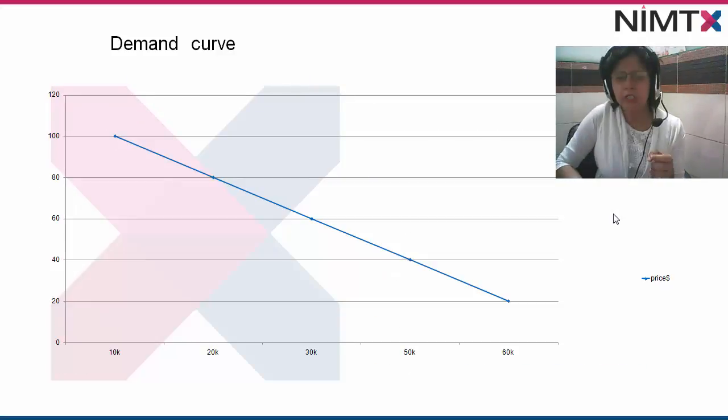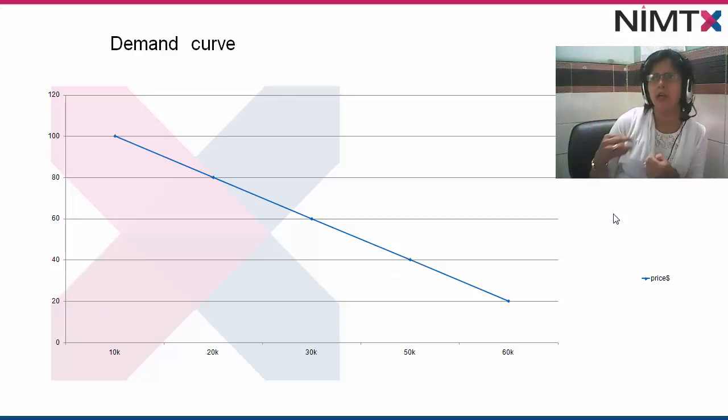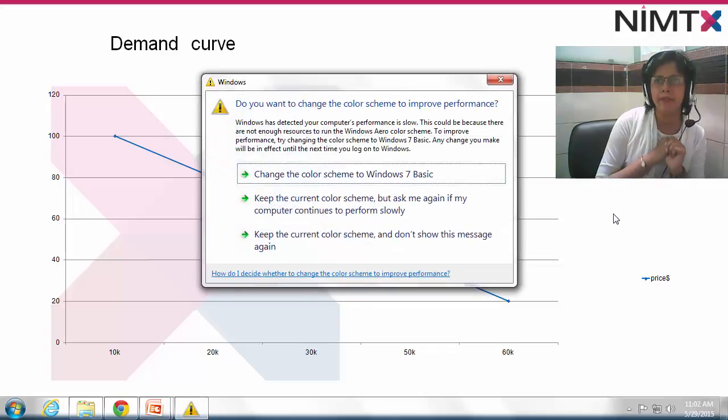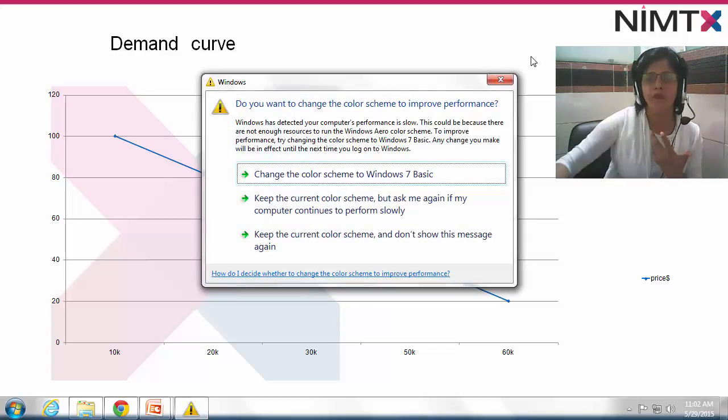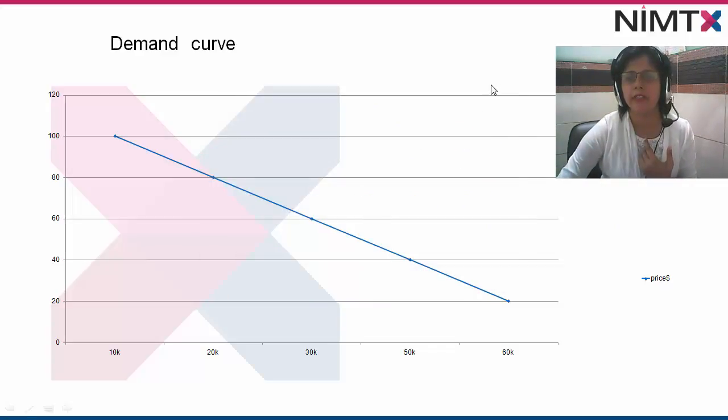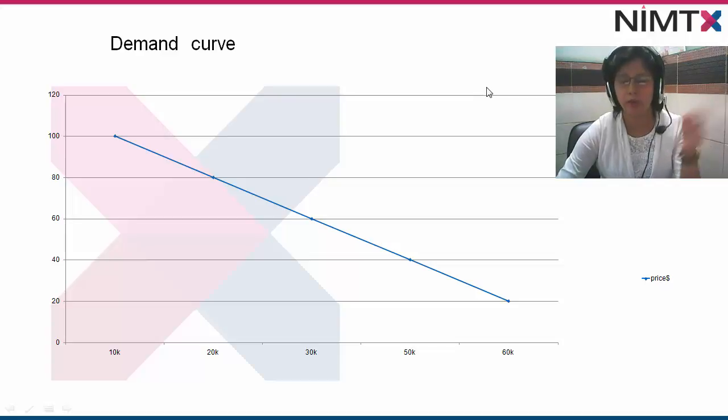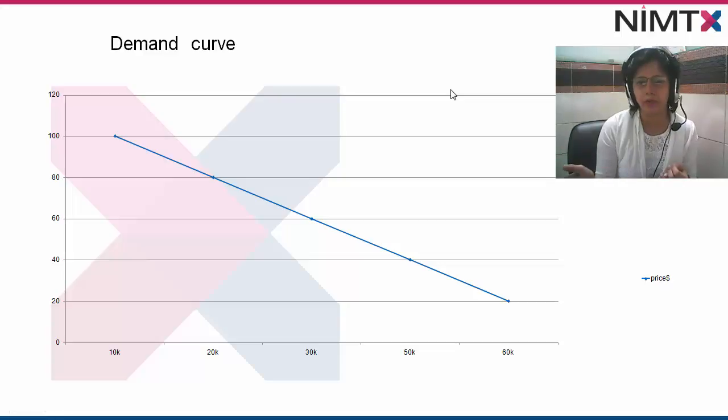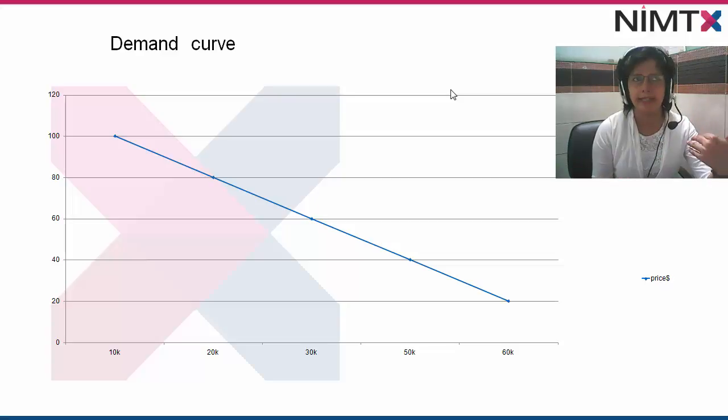Now we make a demand curve by which we can easily understand the process of demand, and why the demand curve has a downward slope. So first of all, we plot a graph, with the price on the y-axis and the quantity on the x-axis.